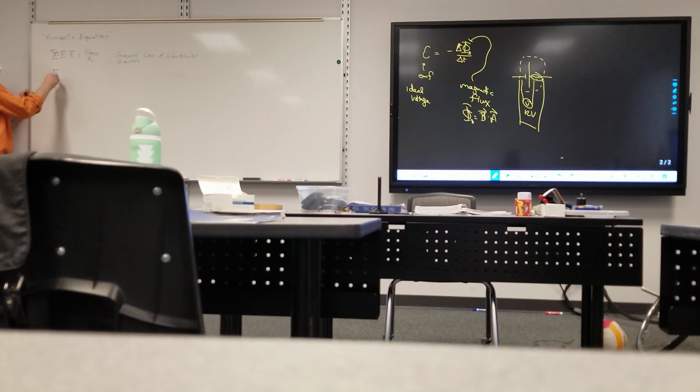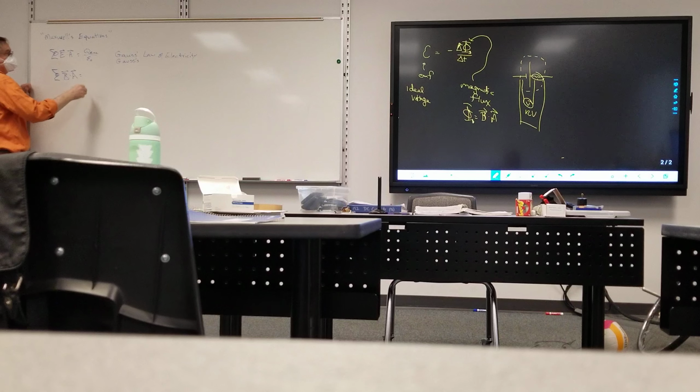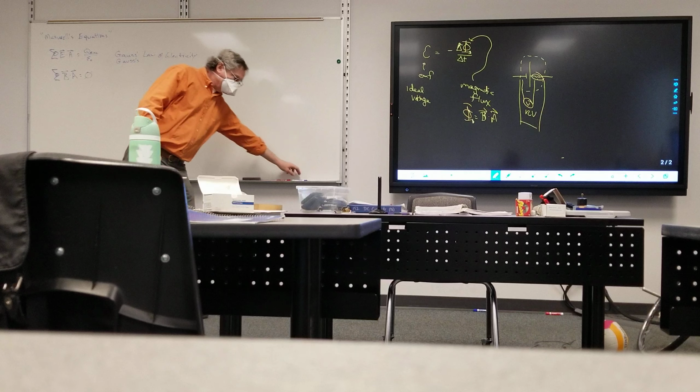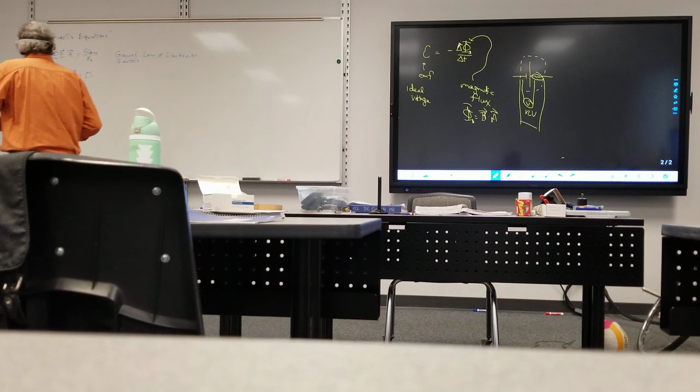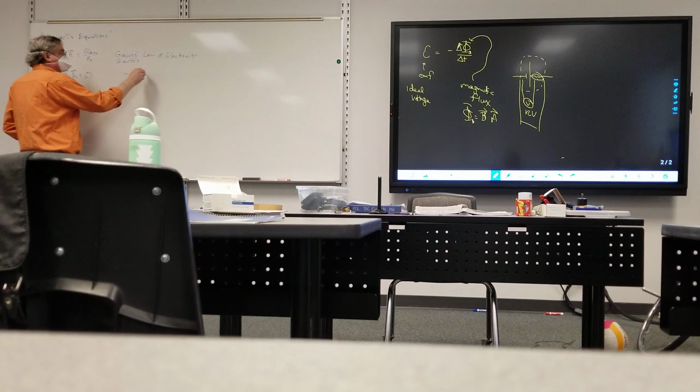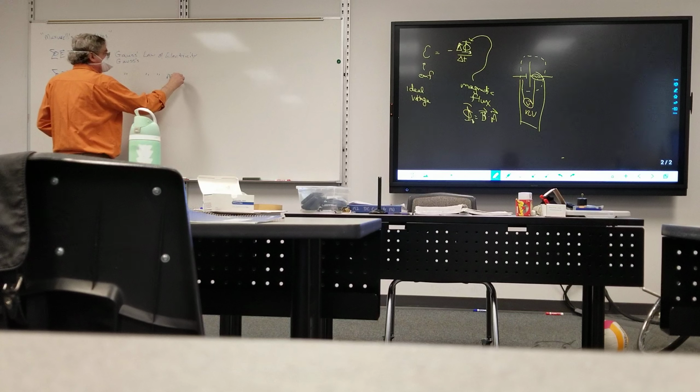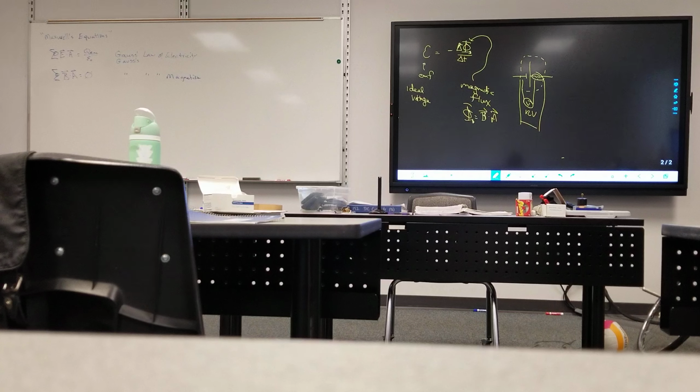Then we had something similar for the magnetic flux through a closed surface. That's equal to 0. Gauss's law of magnetism. And the essence of this is, for Gauss's law of electricity, we can have an individual charge.